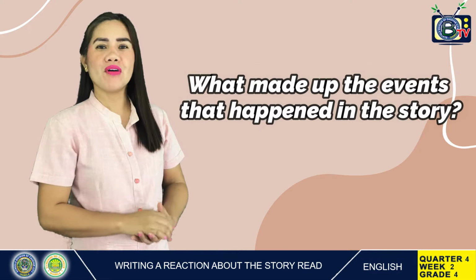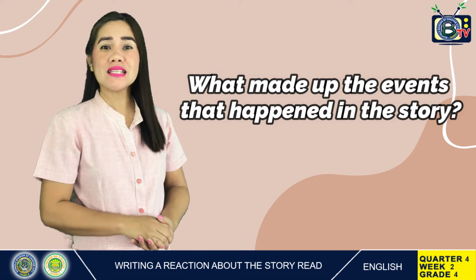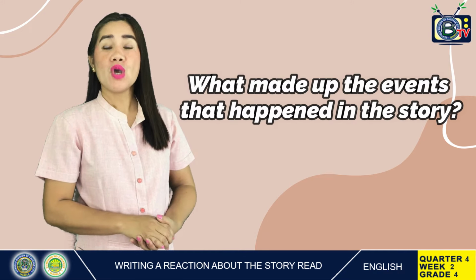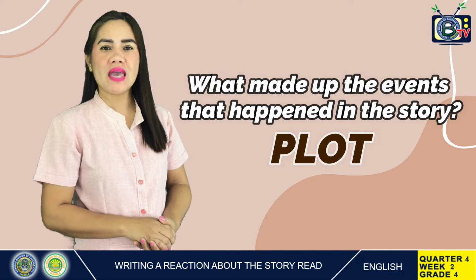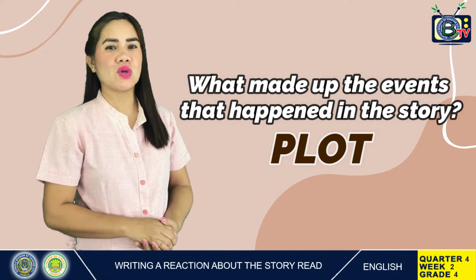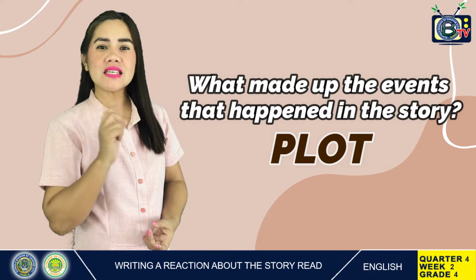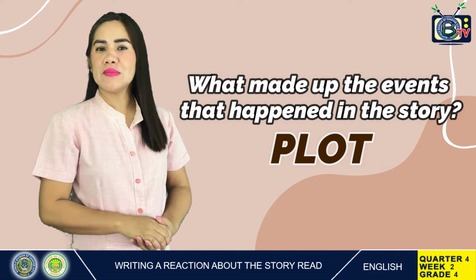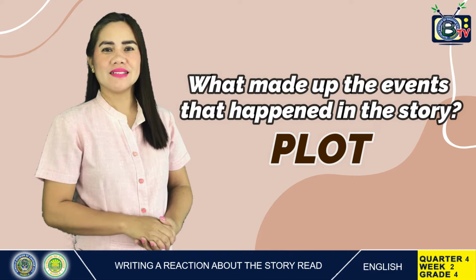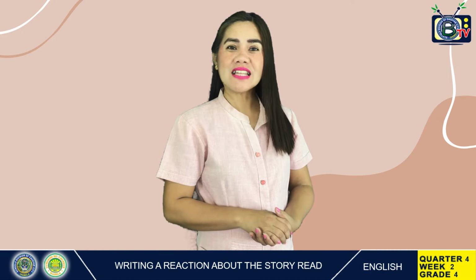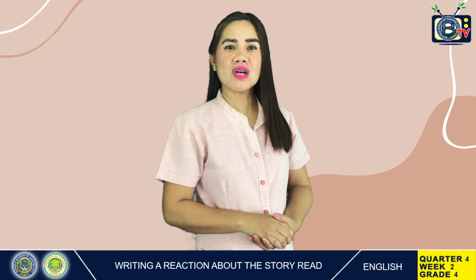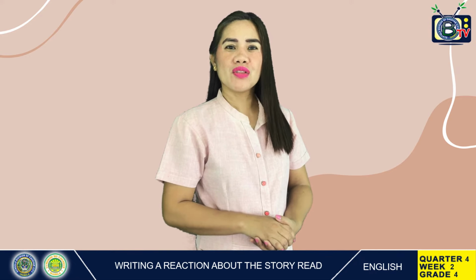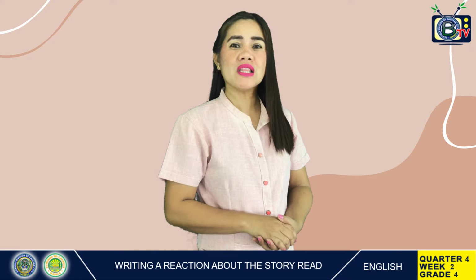What is made up of the events that happened in the story? You're right! The plot is made up of the events that happened in the story. It consists of the beginning, the middle, and the ending. Well done, kids! You did a great and amazing job because you never forget those lessons discussed to you last episode.